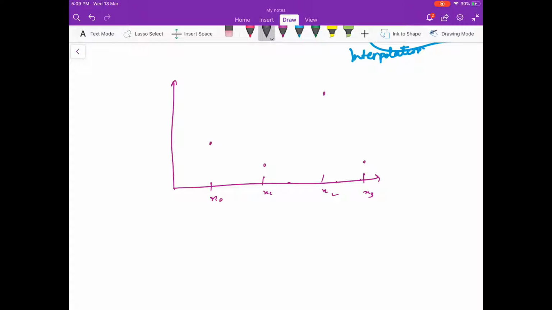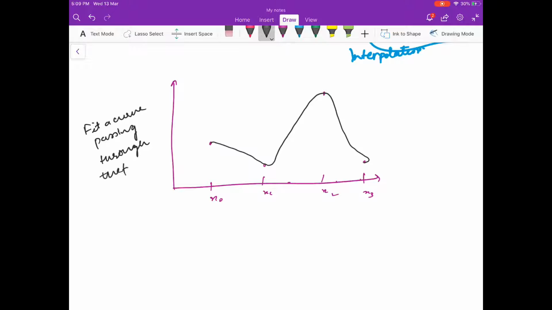So one of the ways: you just fit a curve passing through the 4 given points, and now whatever is your p, just go to your curve, and this value is your approximation for f of p.